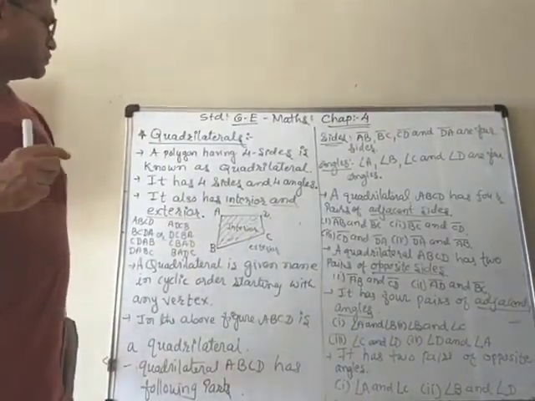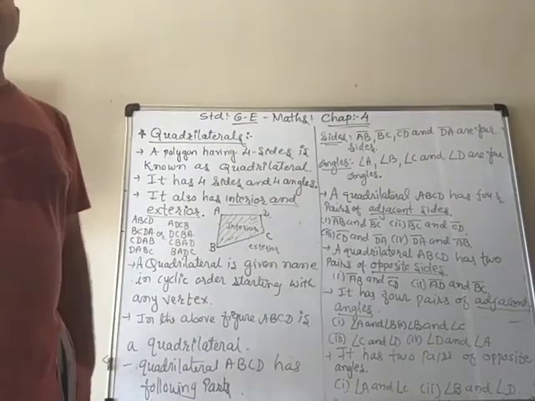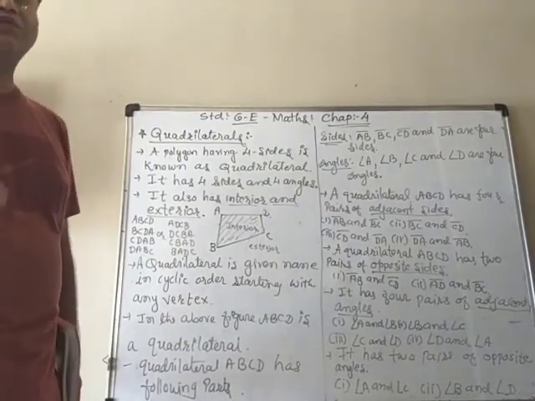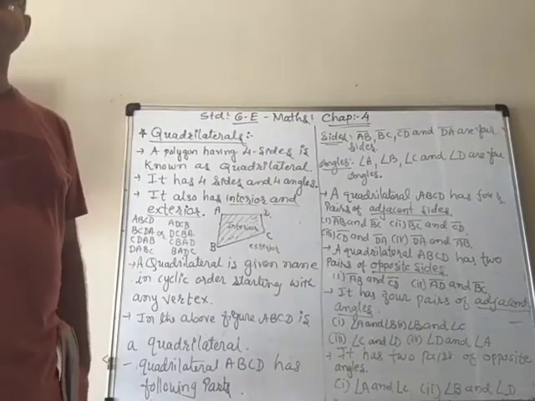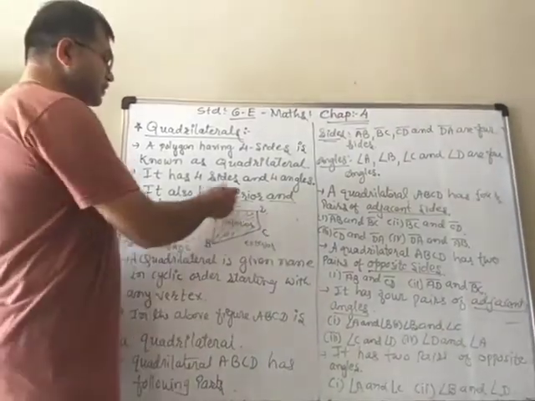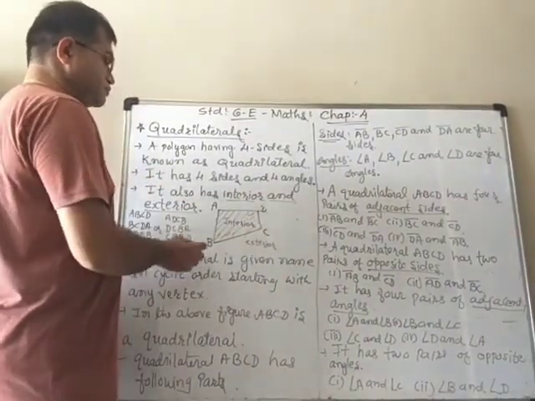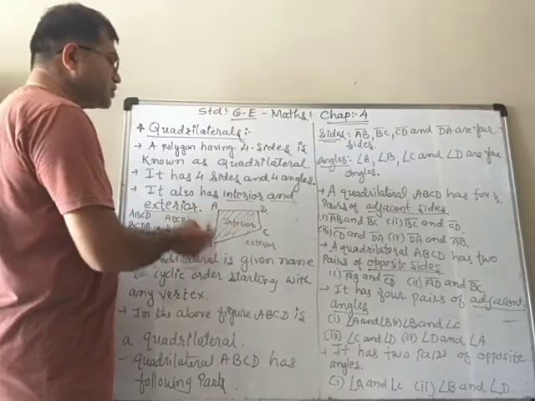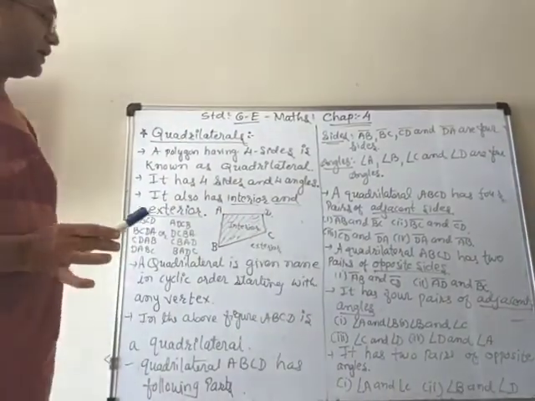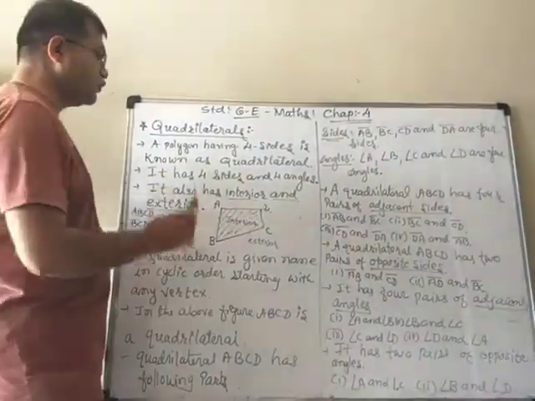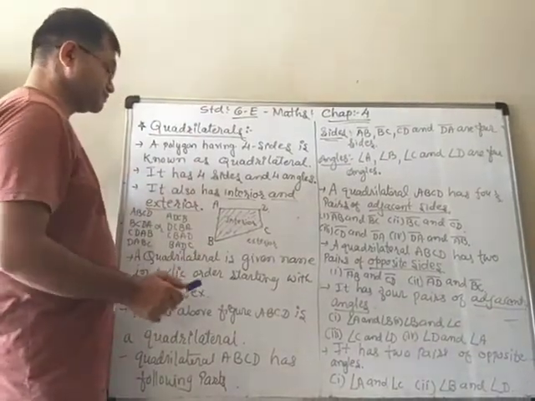Now, what is the shape? How do we draw a quadrilateral? For that, we can draw any way, but it should be a closed figure and it must have 4 sides.